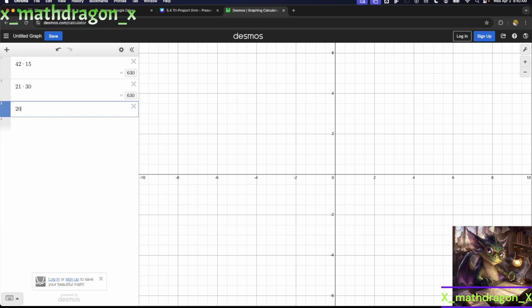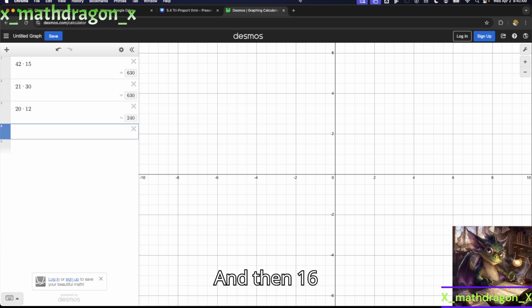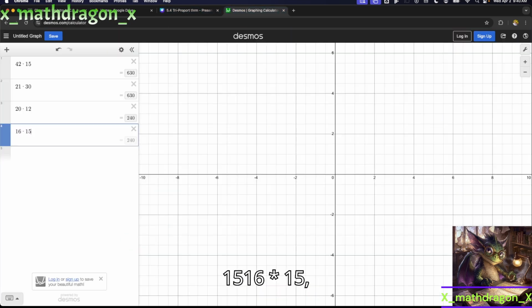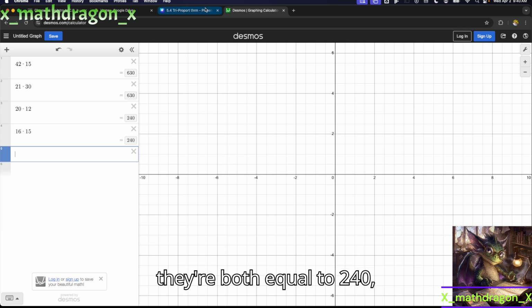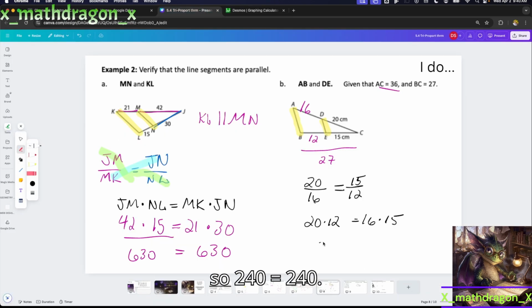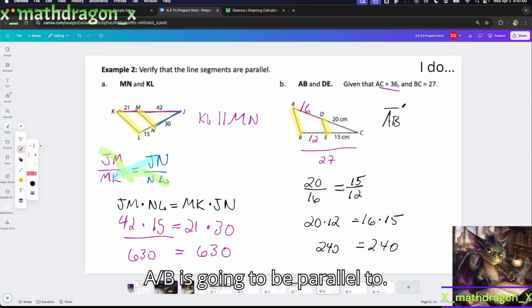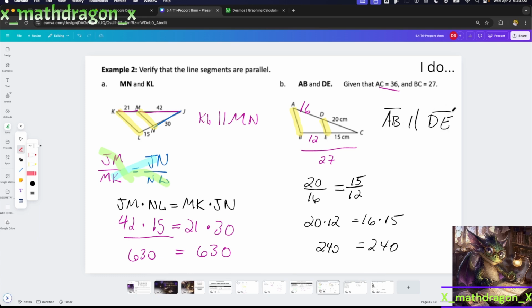So 20 times 12 and then 16 times 15. They're both equal to 240. So 240 equals 240. Go back to our highlight, and AB is going to be parallel to DE. There we go.